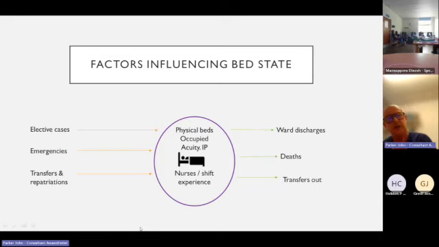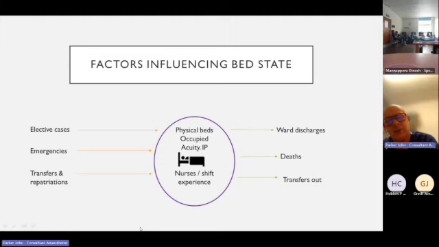On the other side of the equation, as I mentioned, there will be a series of elective cases, all with designated probable levels of priority in terms of whether they're cancer or not, whether they've been previously cancelled, etc. There'll also be emergencies, and they can be surgical or medical, coming from various different places like ED, acute medical wards, or from theatres. And there may be patients needed to be transferred into the site at different levels of urgency, or even repatriations from other countries. So all of these things will need to be considered.